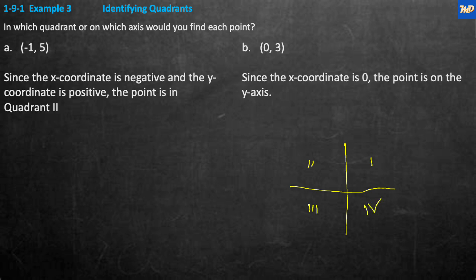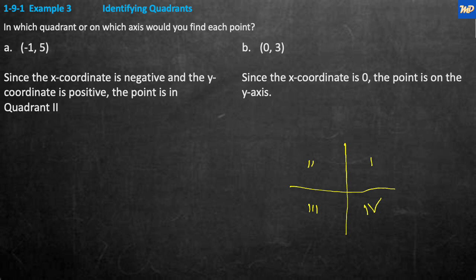Okay? So it says, in which quadrant or on which axis would you find each point? So for problem A, it says negative 1, comma 5. So negative 1 is in the x direction, and 5 is in the y direction. It tells us what to do. It says that since the x coordinate is negative and the y coordinate is positive, the point is in quadrant 2.